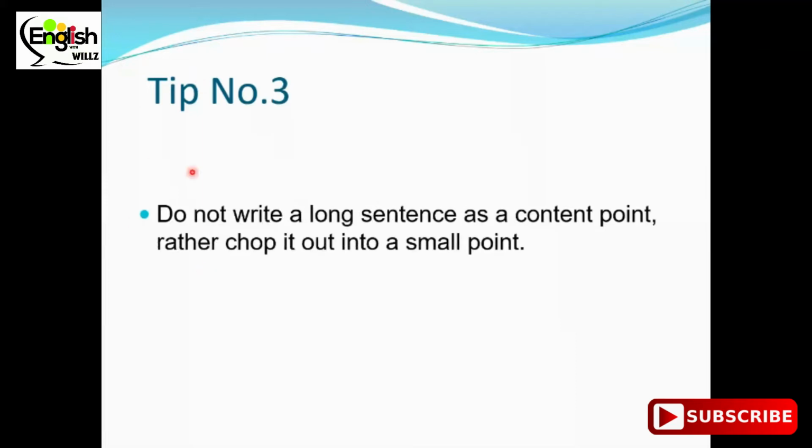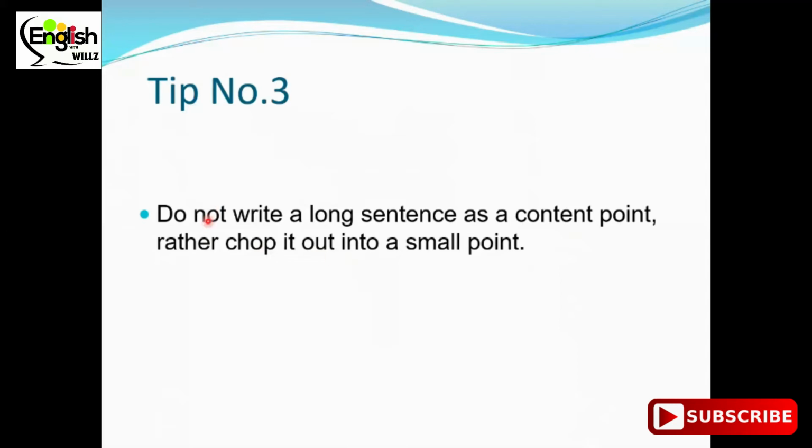Now, tip number 3 says, do not write a long sentence as a content point, rather chop it into a small point. Let's suppose you have found the first content point in line number 6 of paragraph number 1. Now you saw that the content point is very long, 1.5 lines or maybe 2 lines, but that is genuinely your content point.